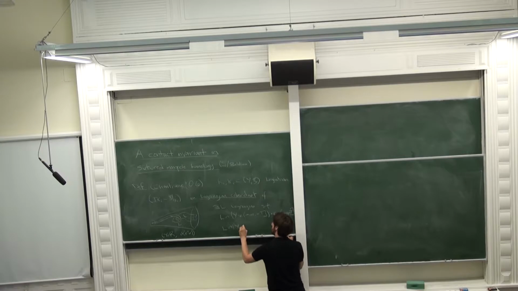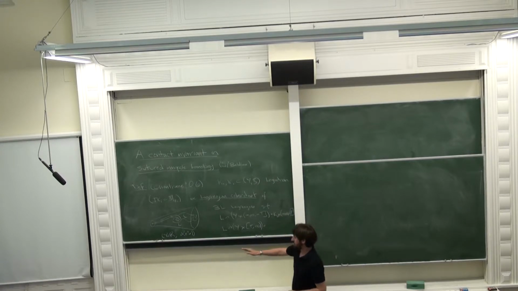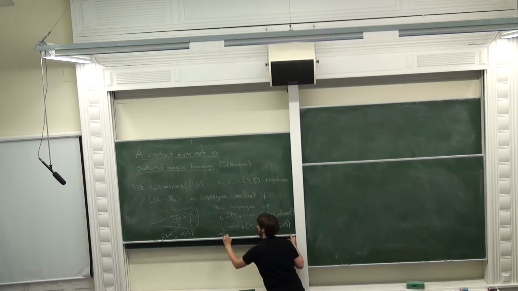So for all sufficiently large time, L just intersects the symplectization in a cylinder over the knot K1. And that's just for some t really big.